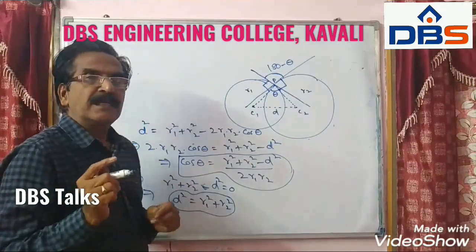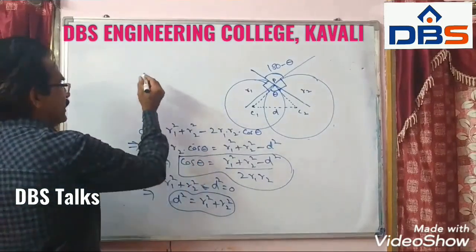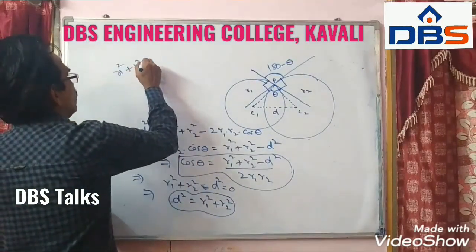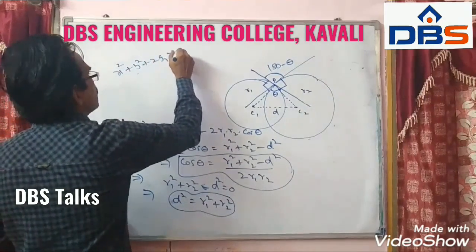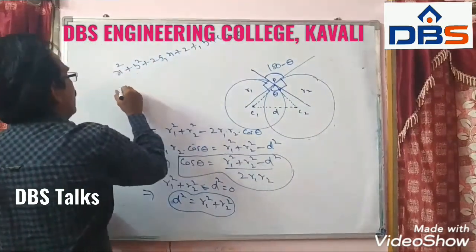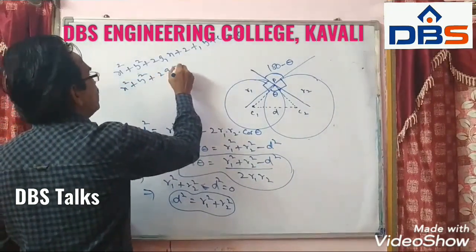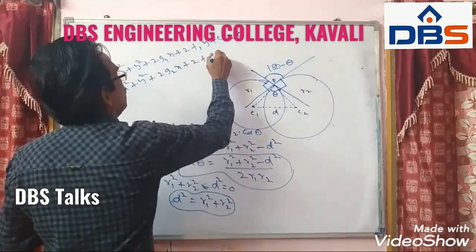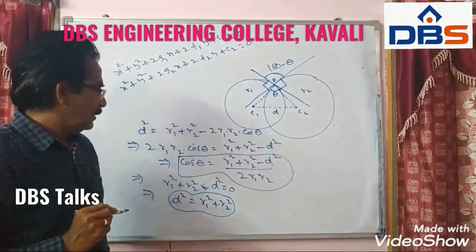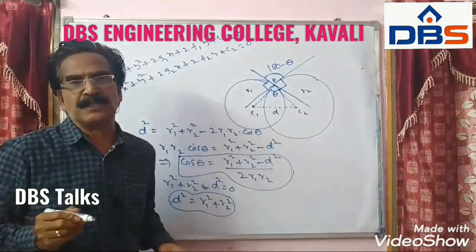Right, friends? If the equations of the given two circles are x square plus y square plus 2g1x plus 2f1y plus c1 is equal to 0 and x square plus y square plus 2g2x plus 2f2y plus c2 is equal to 0, then what would be the conclusion?